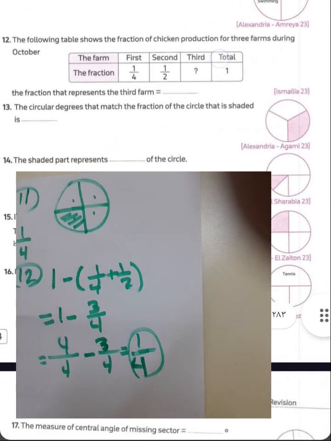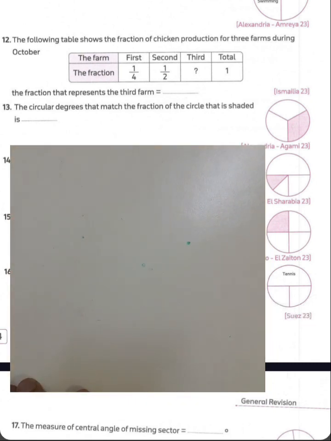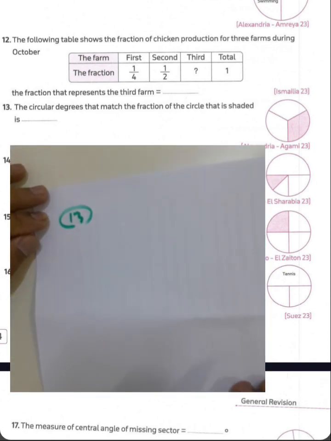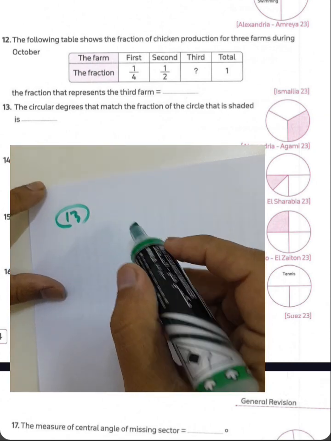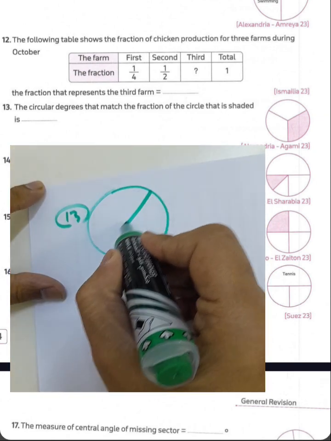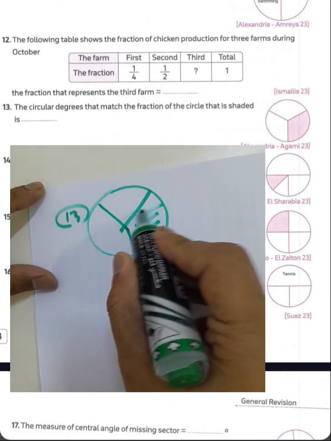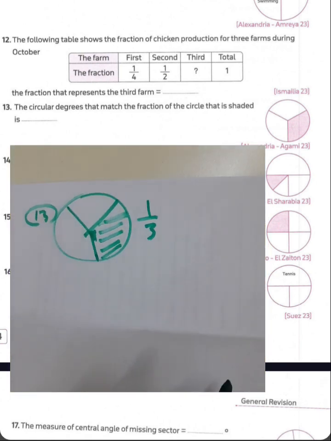Question 13. The circular degree that matches the fraction of the shaded part here. Okay, we have here how many parts colored? He colored 1 part from 3, then the fraction here will be 1 over 3 about question 13.